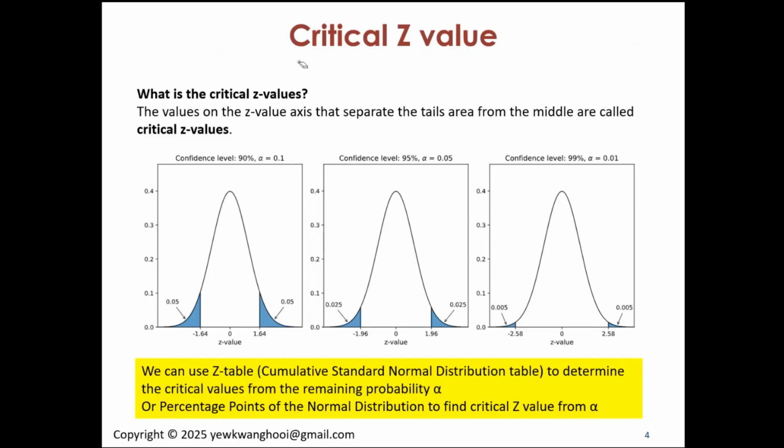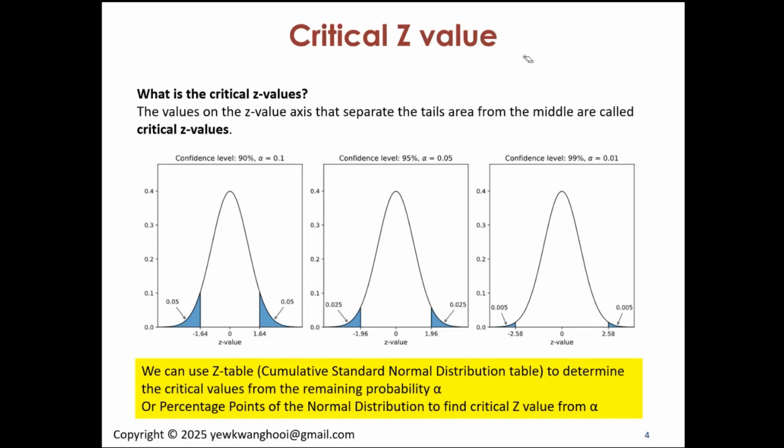Next, I want to talk about critical Z value. You want to decide whether the sample proportion is representing the actual population proportion. Remember the keyword, one is sample, one is population. Sample proportion, population proportion.